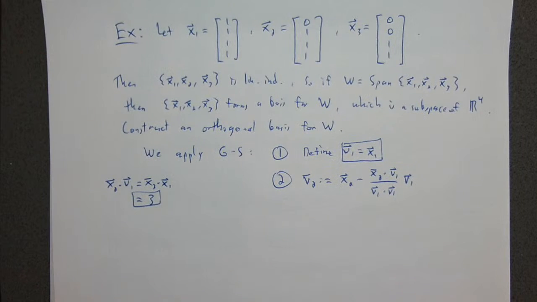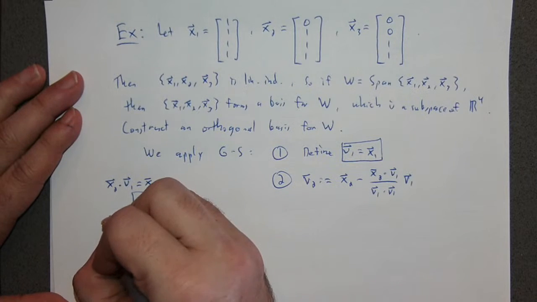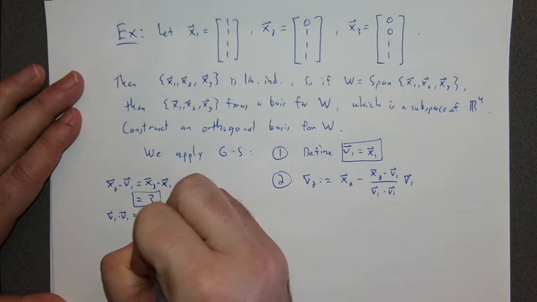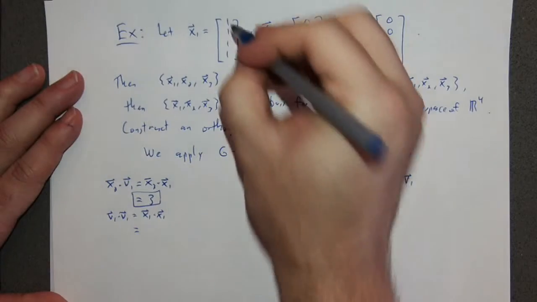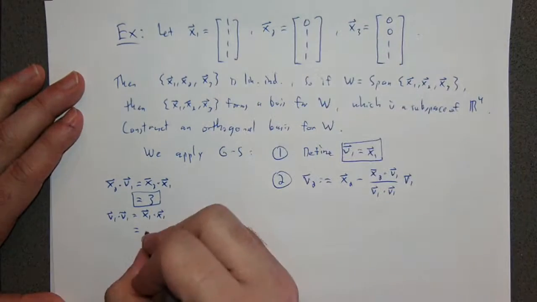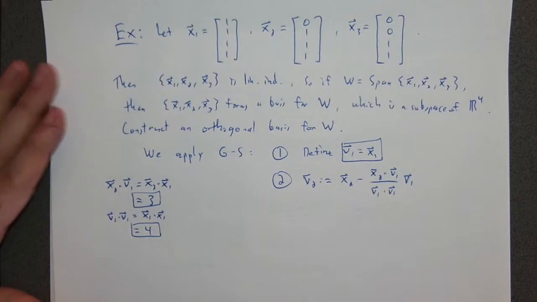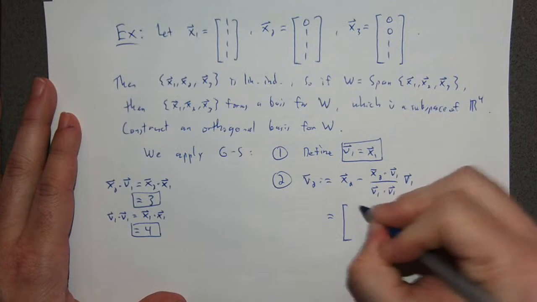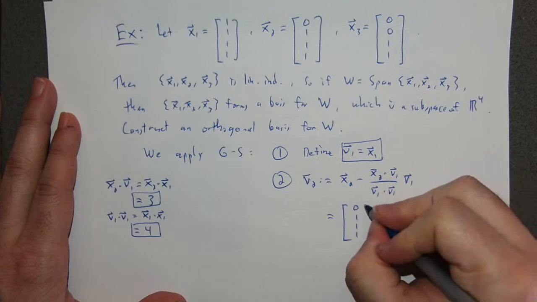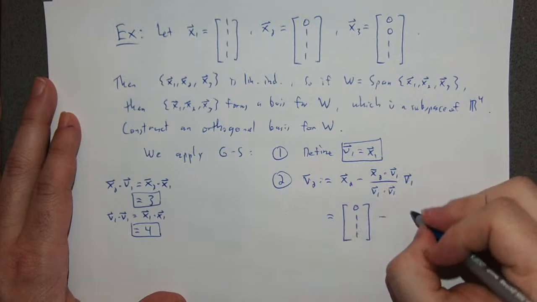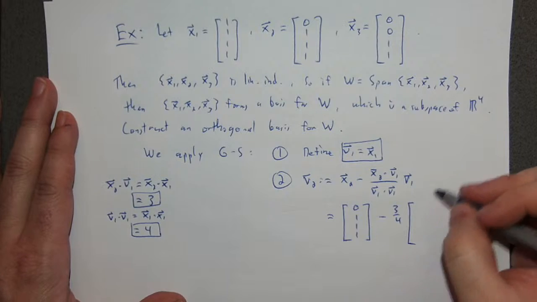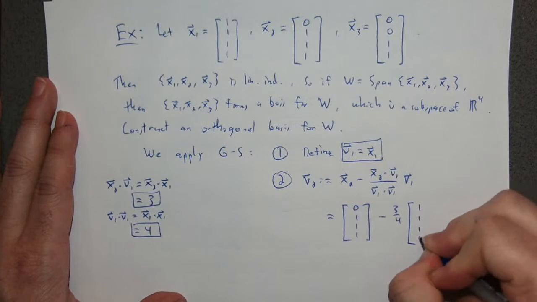Okay, and then v1 dotted with itself, well, that's just x1 dotted with itself, which is 1 squared plus 1 squared plus 1 squared plus 1 squared, so that's 4. And so what this really is, is the vector x2, which is 0, 1, 1, 1, minus 3/4 times the vector v1, which is x1, so that's 1, 1, 1, 1.